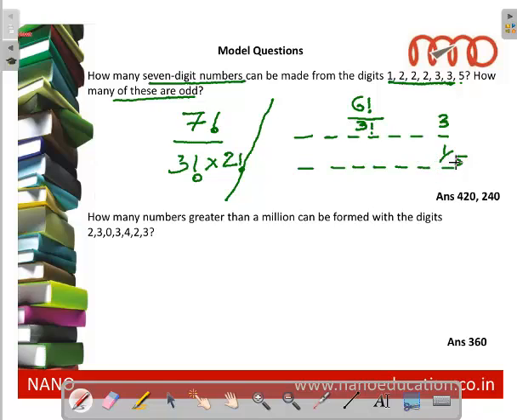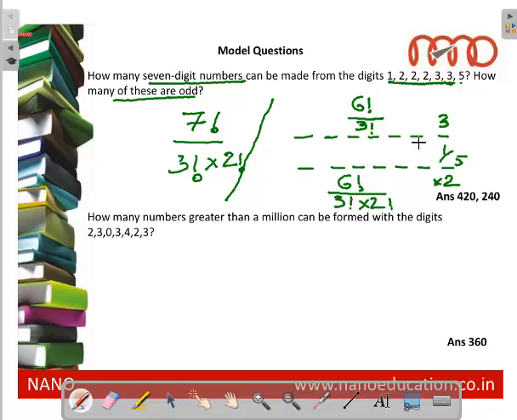When we are putting 1 or 5 in the last place, we can choose that in 2 ways, either 1 or 5. Once the choice is made, I have to permute the remaining 6 digits in 6 places. We can do it in 6 factorial ways, divided by 3 factorial for the 3 2's being identical, and 2 factorial for the 2 3's being identical.